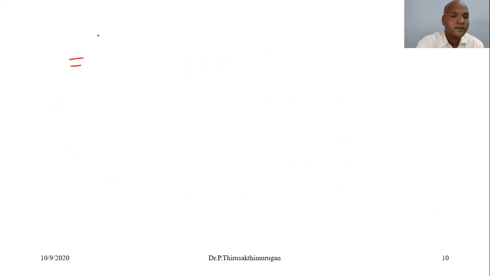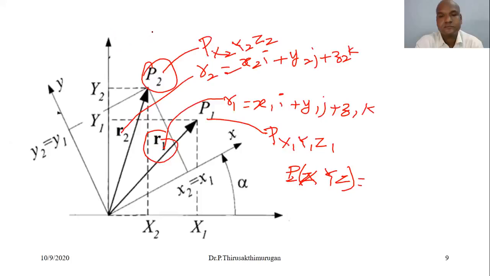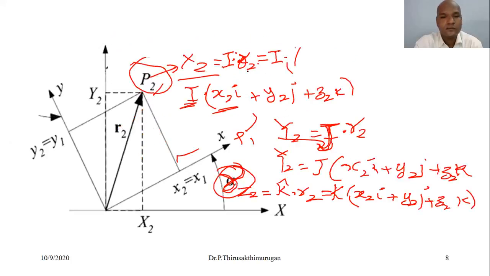I represent capital I into I, okay, I into I of x2. So here you see I into I of x2, I into j of y2, I into k of z2.